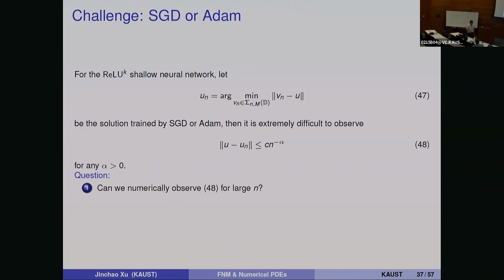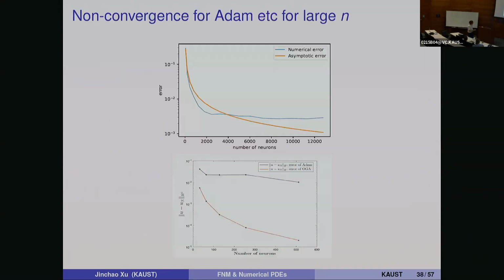You can get asymptotics, but then it flattens. If you increase the number of neurons, your error will not decrease no matter how hard you work. You run your GPU for a couple of weeks, it still doesn't decrease.